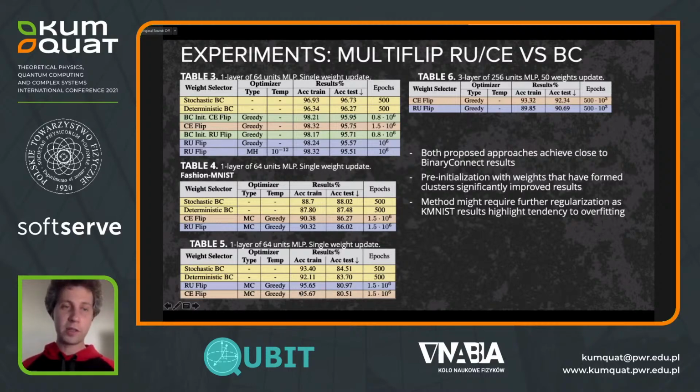Despite these not being 100% accuracy, still, if you quantize your model, you get a reduction in your accuracy. So it's good. It's comparable to what we have on the market right now.